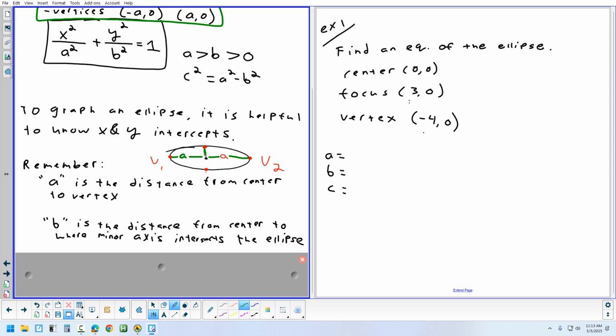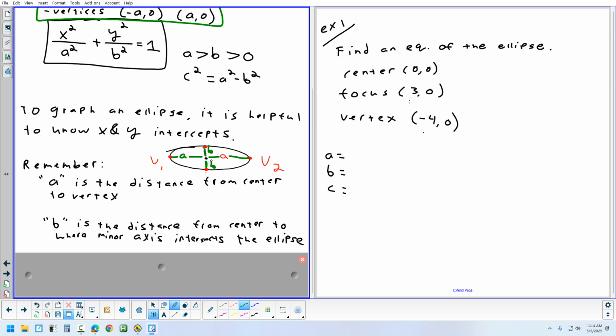The distance from there to there is B, and from there to there is B. That's the distance from the center to where the minor axis would hit the ellipse. So what's the width of the ellipse the short way? Yep, 2B. So the length of it the long way is 2A, and the length of it the short way is 2B.